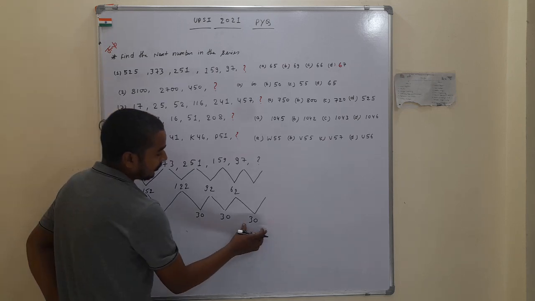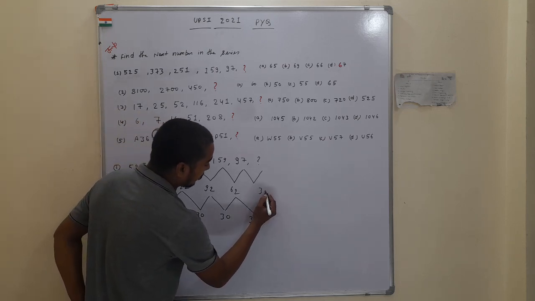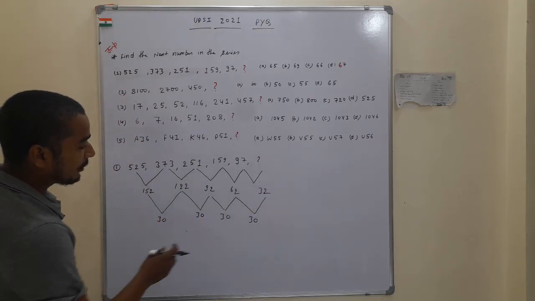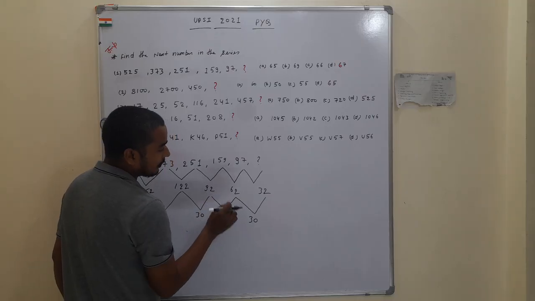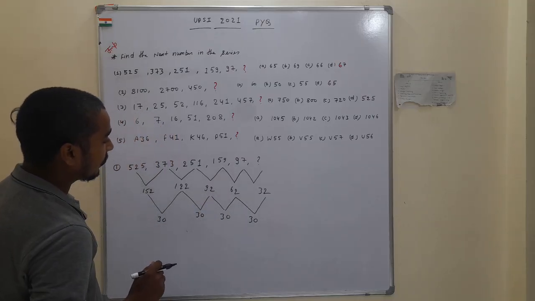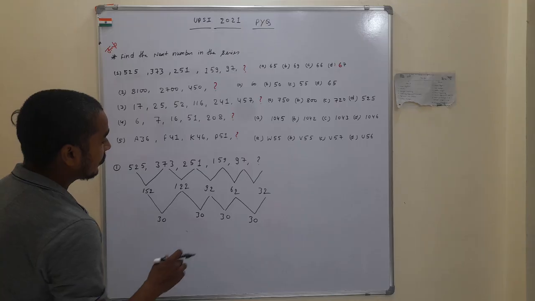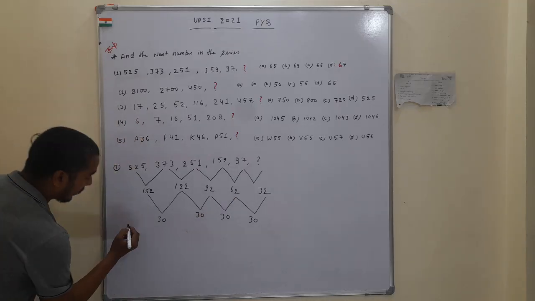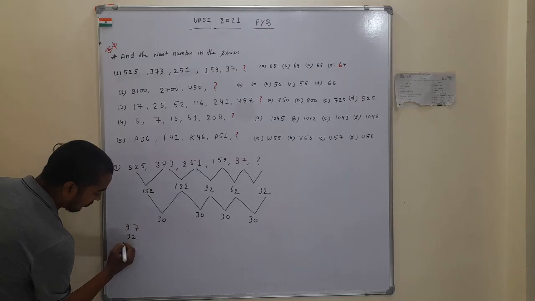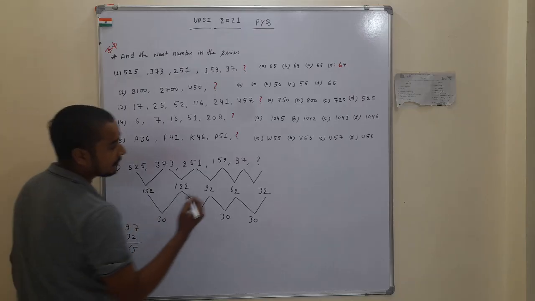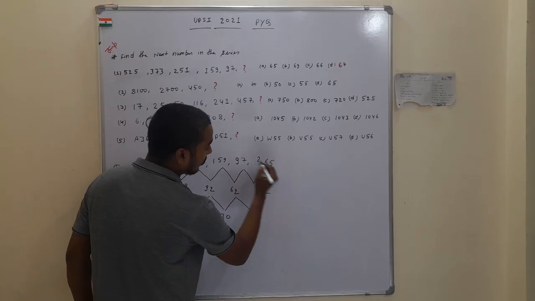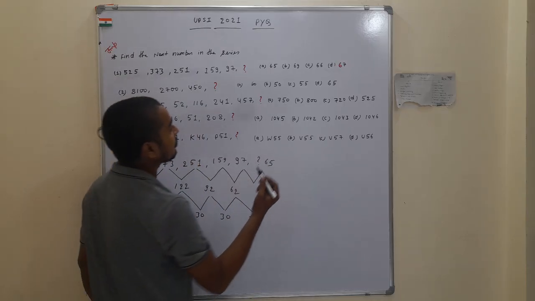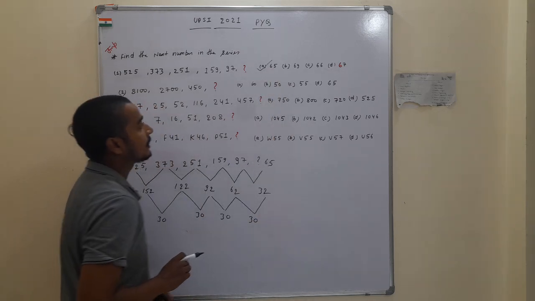So here we get 30, 32, then 62. So from here, 97 minus 32, we get 65. In place of the question mark, we get 65. So the answer to the first question is 65, and option A is the correct answer.